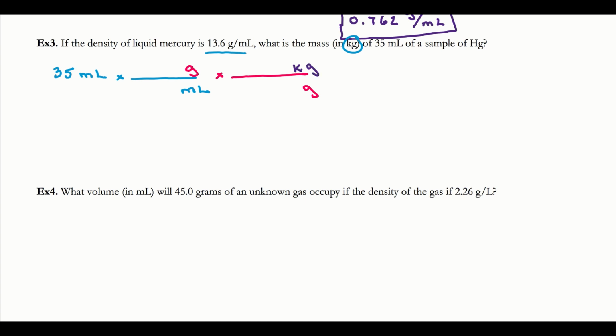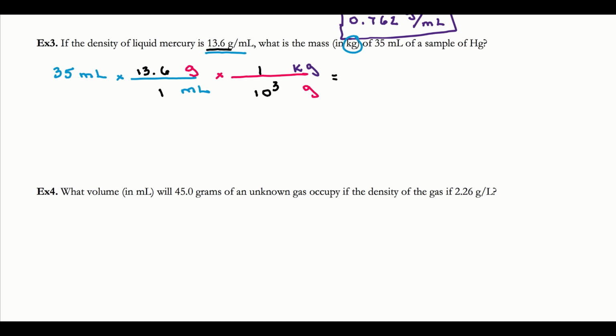I actually know this relationship, grams per mil, because looking at my density, this tells me I have 13.6 grams for every 1 milliliter. For kilograms to grams, 1 kilogram is 10 to the 3rd grams.